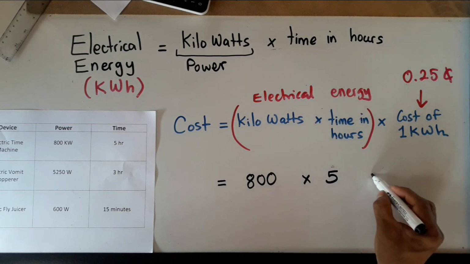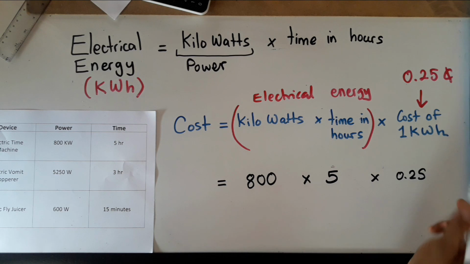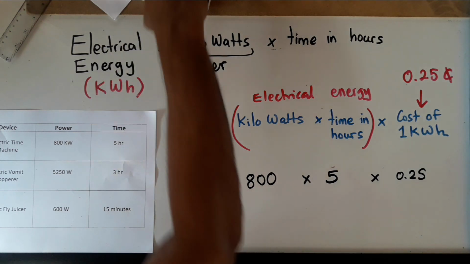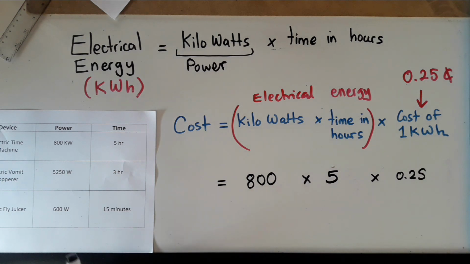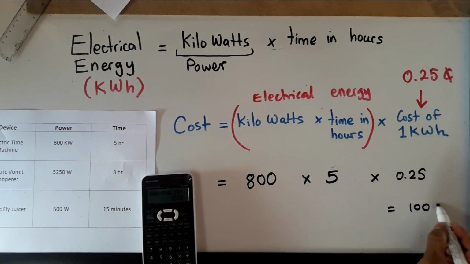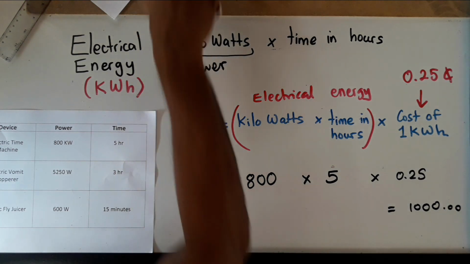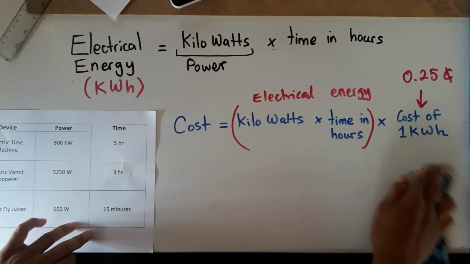Now we have to multiply by the cost of each kilowatt hour, which is 25 cents, which is my assumption for this question. So to calculate the cost for using the electric time machine is 800 multiplied by 5 multiplied by 0.25. And it's $1,000. So it's a $1,000 bill. But like I said, this one is easy. I don't think you'll get this one in the exam. It's too easy. I would never bring this in the exam.